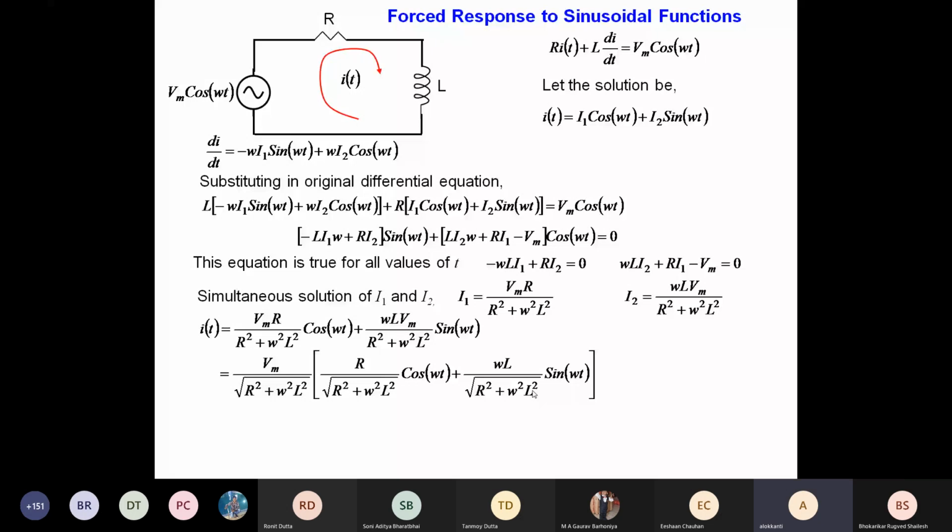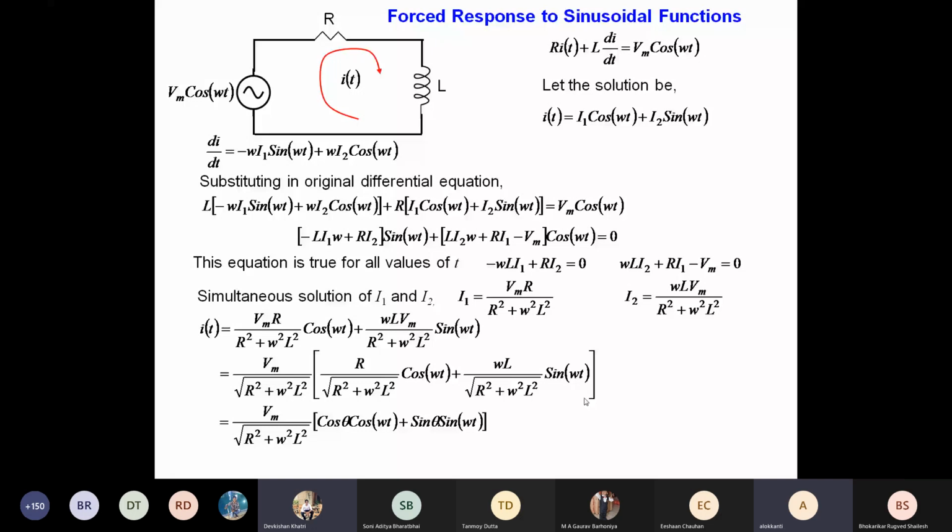Yes, sir. So now you substitute this r by root over this as cos theta, and so it is cos theta cos omega t plus sin theta sin omega t. So this is equal to what? Cos omega t minus theta. So all your trigonometry has to be correctly applied.